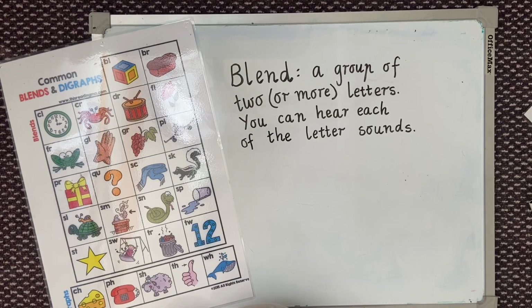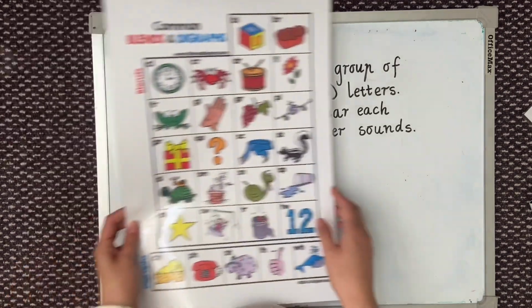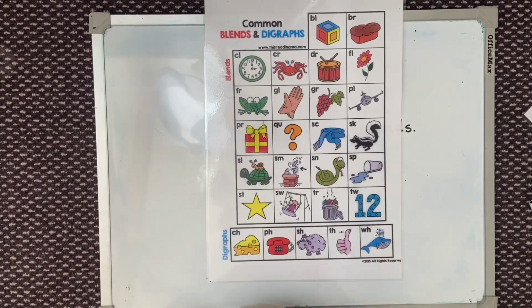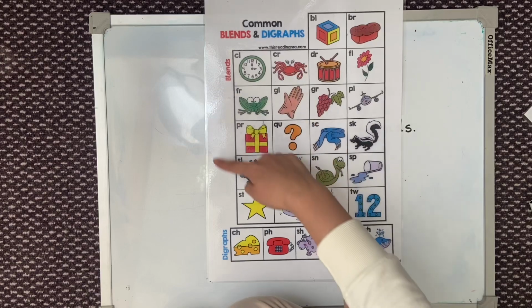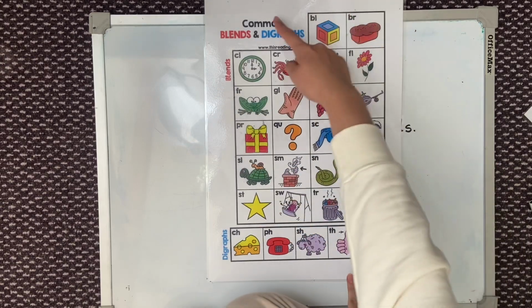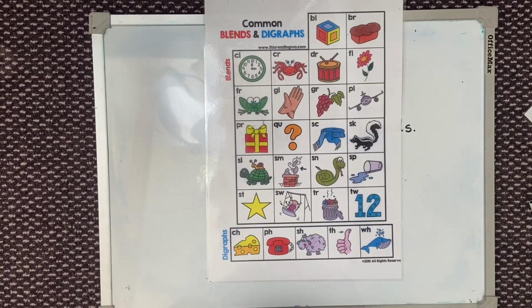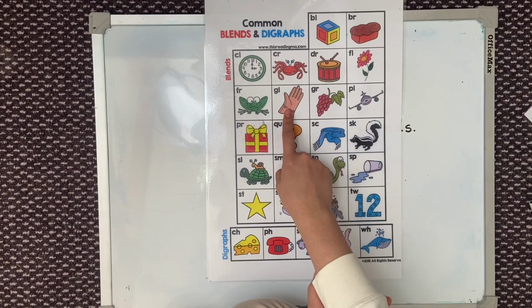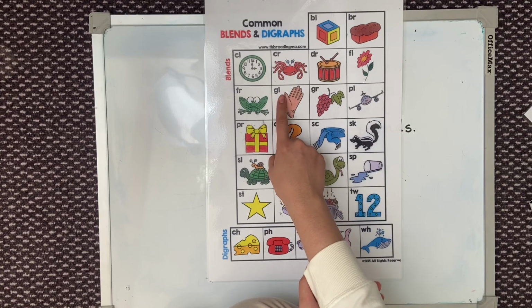A blend is a group of two or more letters. In a blend, you are able to hear each of the letter sounds. So for example, on our common blends and digraphs chart, the ones up here are blends. So in glove, you can hear the g and the l in that blend.